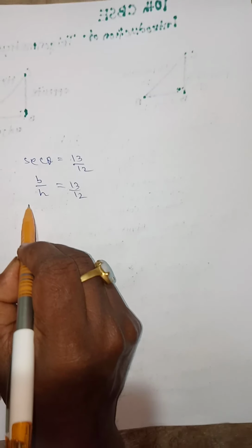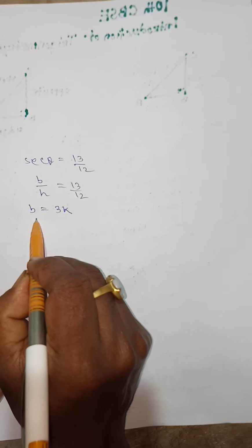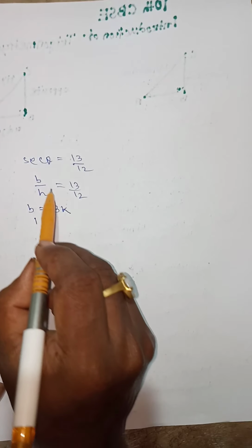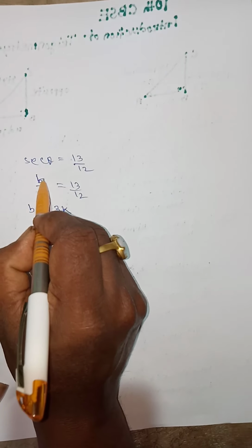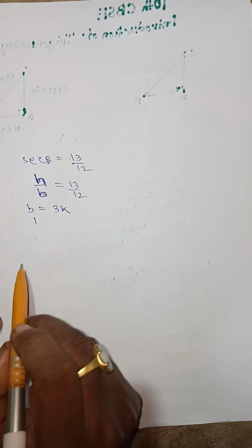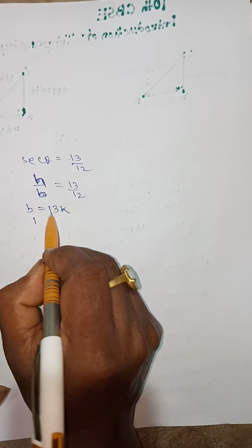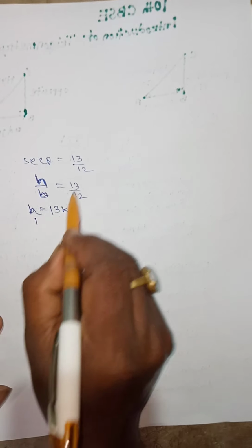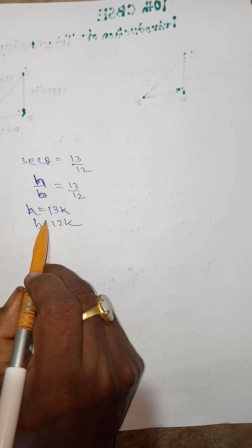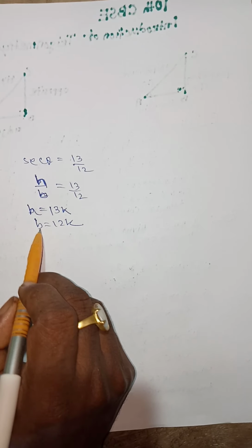Now you can write here H is equal to 13K, B is equal to 12K. Which is unknown? From the three sides of the triangle P, B, H, which is unknown?